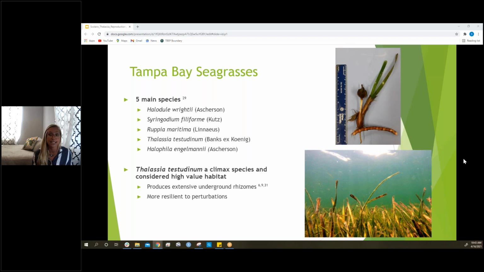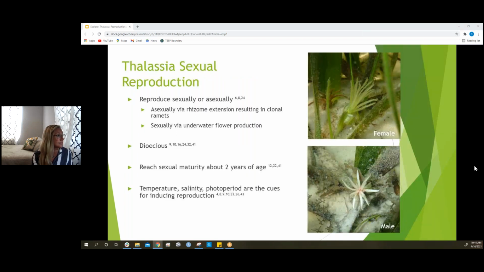It produces an extensive network of underground rhizomes where they store carbohydrates. This is typically the species we're referring to when we talk about seagrasses storing carbon. Because of that storage, they are often more resistant to periodic disturbances like hurricanes.